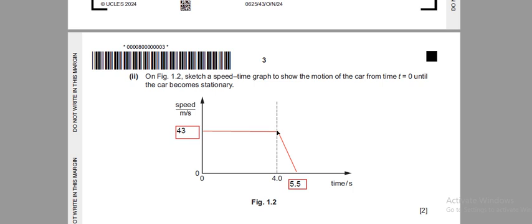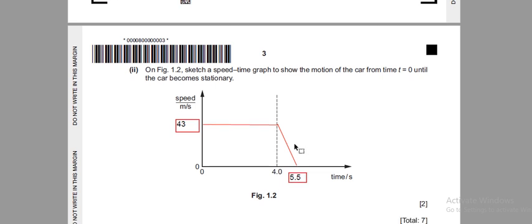And when it hits the barrier, its speed comes to 0, and this happens within 1.5 seconds. So we can make the point here to be 5.5.